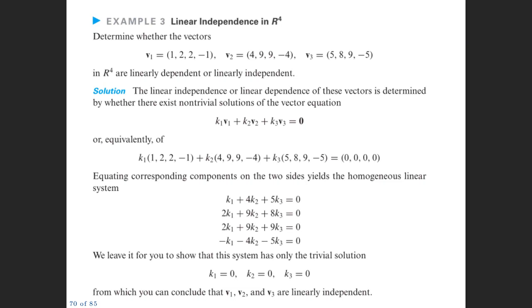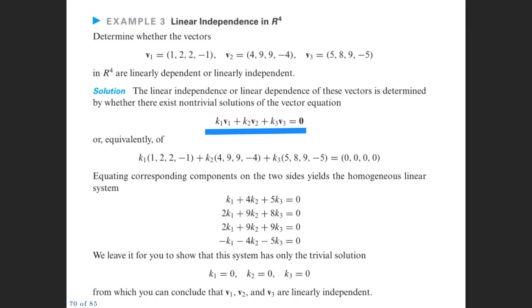An example from a textbook. Determine whether these three vectors are linearly dependent or linearly independent in R4. To answer this, we start with the same equation: k1 v1 plus k2 v2 plus k3 v3 is equal to the zero vector.